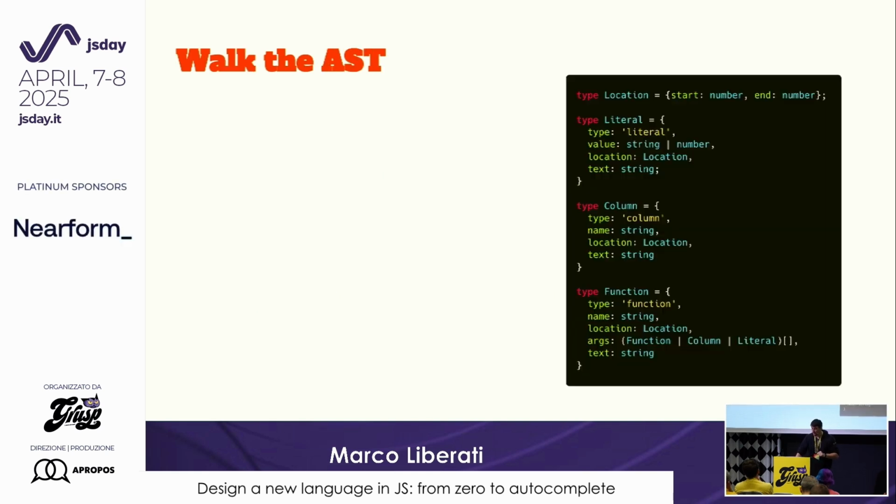Okay, so imagine in your grammar, you write a few functions to make it comply with this AST type. We have fundamentally three types: literal, column, and function. When I say column, I imagine a language where you pass a CSV and take a column of the CSV as an argument. So you can do math like the average of this entire column.